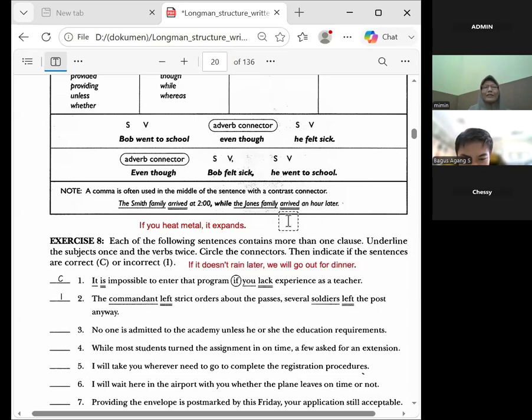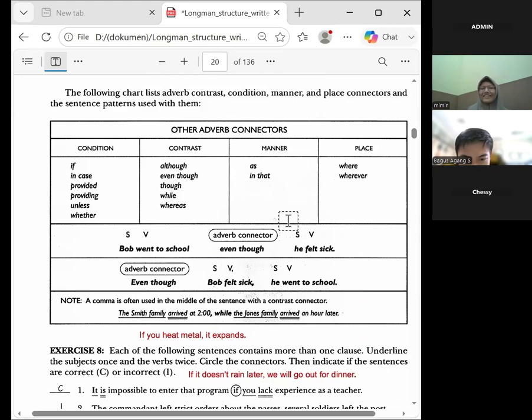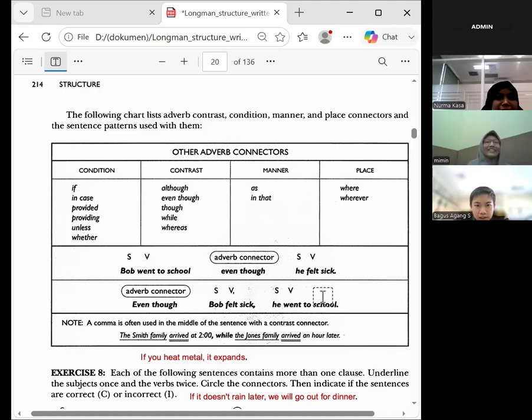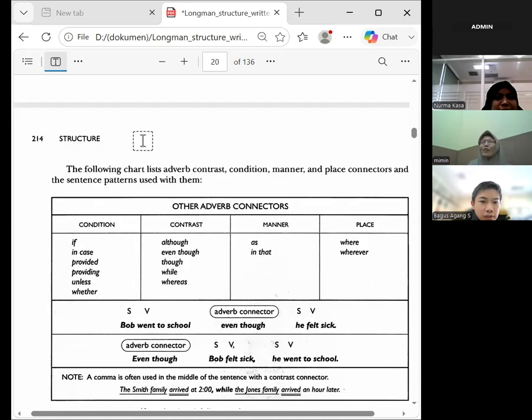So that's why if is called a connector for condition, right? Okay, so that's it. What about in case? How do you say in case in bahasa? Anyone? Please, anyone? Jika. Jika is if. Yes. Karena. Okay. Kalau. Almost, yeah. Kalau, actually.